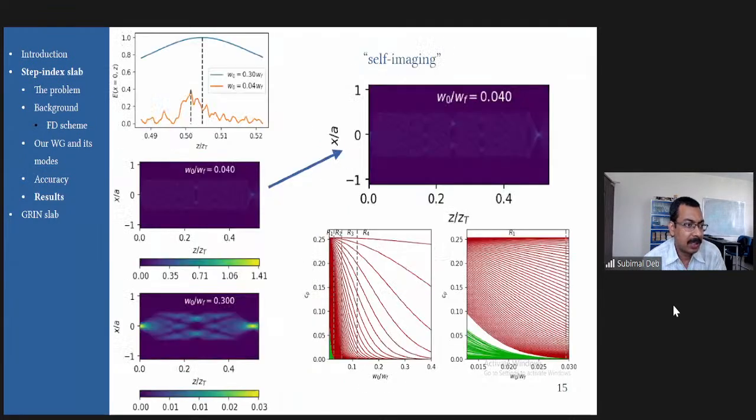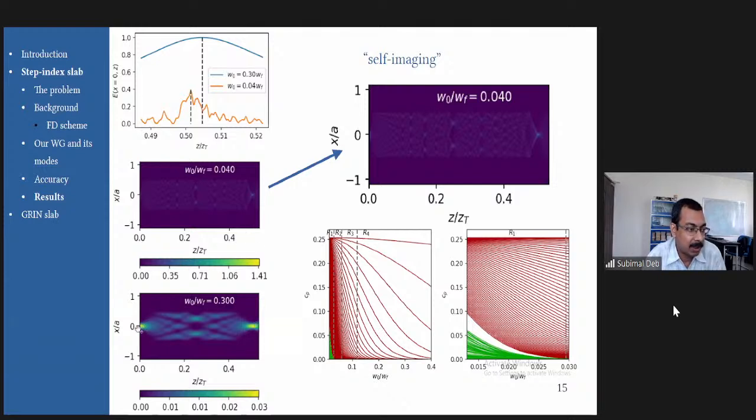Now, apart from this, there are a few more interesting results when it comes to self-imaging, or rather the point where we want the next optical element to be connected. We look at the intensity along the axis of the waveguide. When I plot it for W0 by WF equal to 0.3, which corresponds to the paraxial region, you find that the carpet is nice, smooth, and you get a very nice replica of the input.